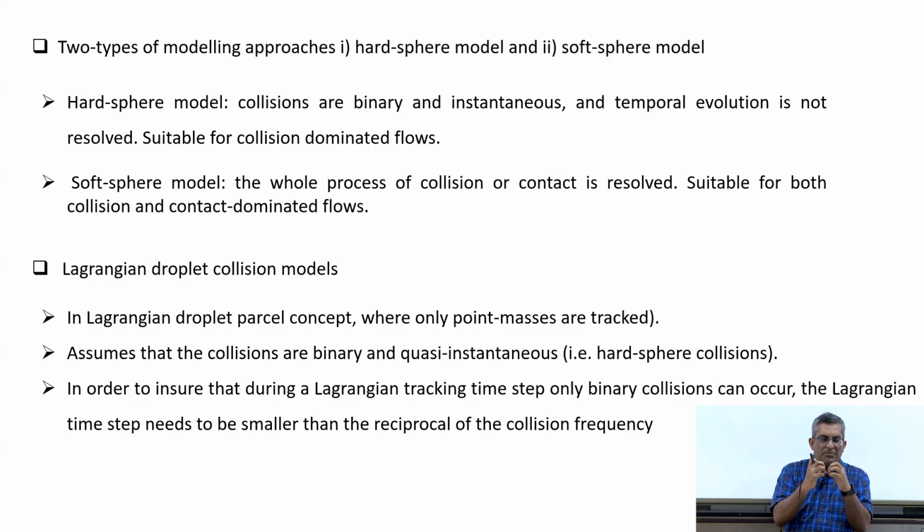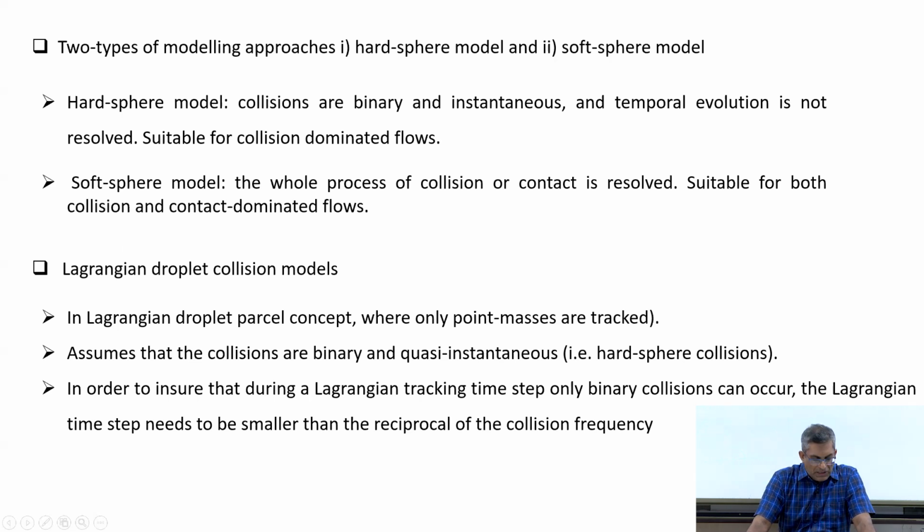If collision happens, whether they will just bounce back or they will coalesce and deform again, depends on that phenomenon. So, from what we have studied earlier, that is Lagrangian tracking of particles or droplets, we have discussed this. The question is, how do we implement these models here?